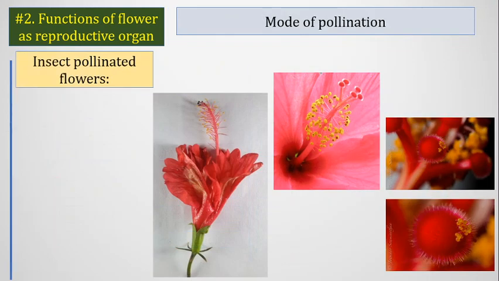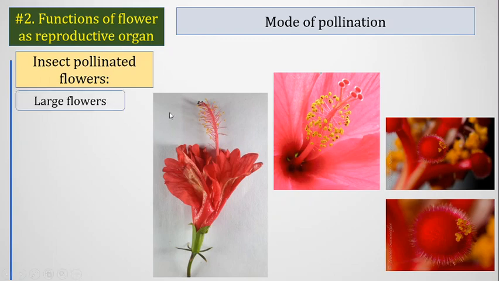Now we will categorize flowers by their mode of pollination. At first we categorize some flowers as insect-pollinated flowers, that means flowers that are pollinated using insects. These flowers have some particular characteristics.